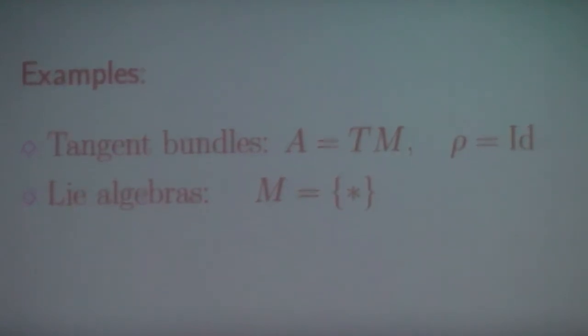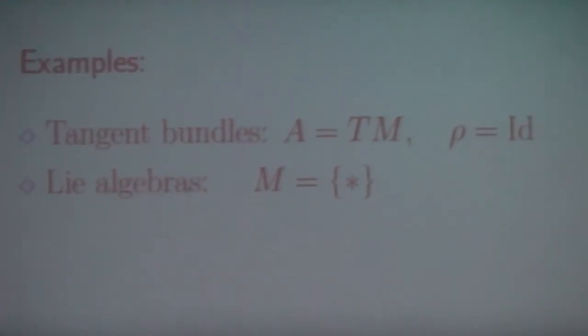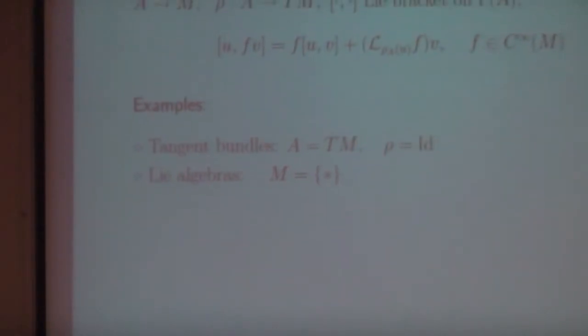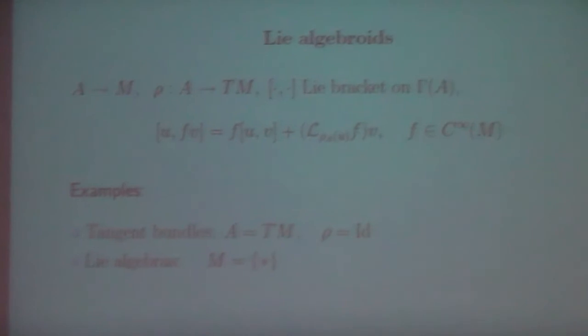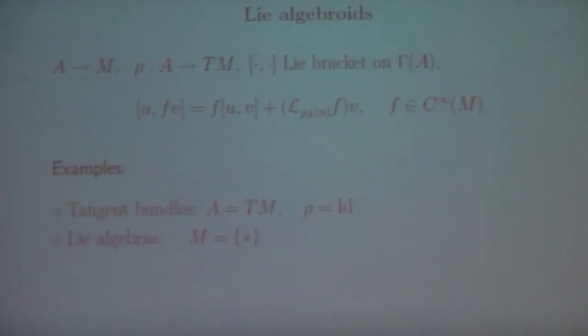So these are the two extreme cases to have in mind. And about the first one, you can get something a bit more general. For example, if you take any involutive subbundle of TM, this will still be a Lie algebroid, as long as it's closed under the Lie bracket. So regular foliations are Lie algebroids, or the tangent to them.